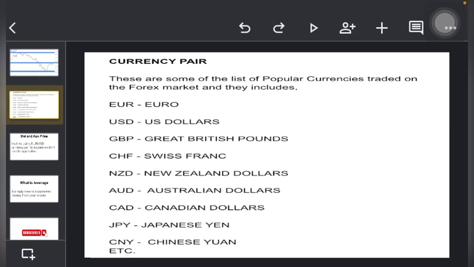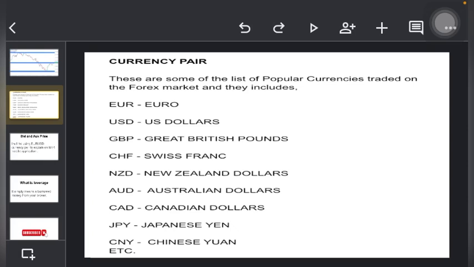Moving on, another thing you need to know in this training is that currencies are paired together. For example, let me take EUR/USD. You're going to understand more once we go to the practical aspect, because I'll be showing you the practical after this theory. When you pair euro and USD together, that is one currency pair.